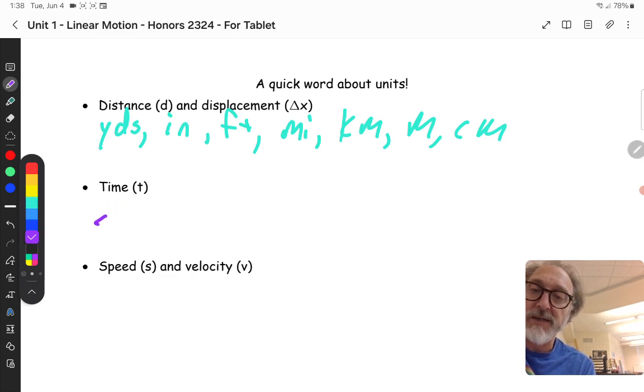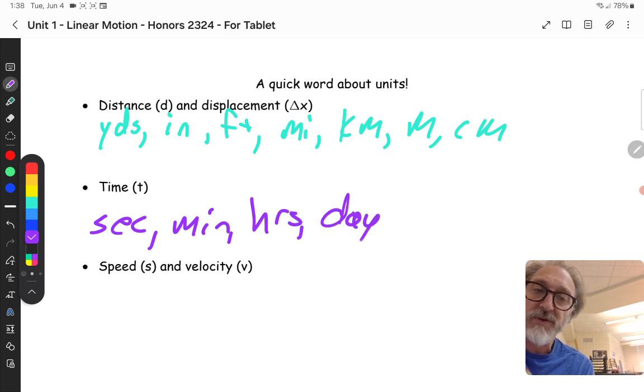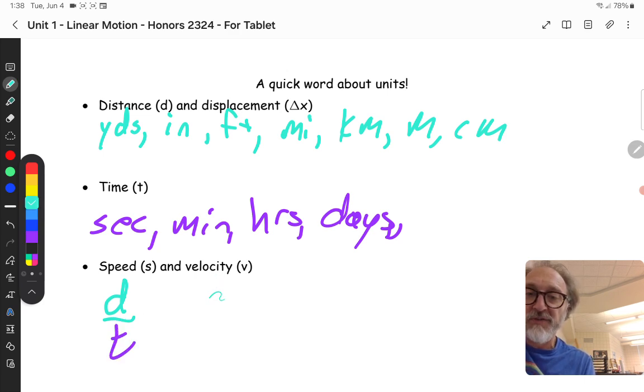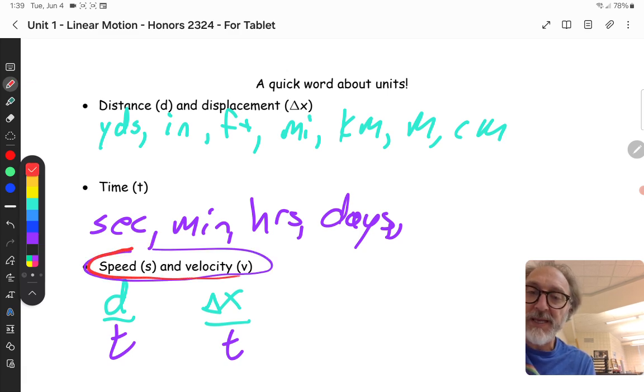Time is going to be in seconds or minutes or hours or days or weeks or whatever. And then speed, remember, speed is distance over time, and velocity is displacement over time. So both speed and velocity are going to be measured in one of these distance units per one of these time units.